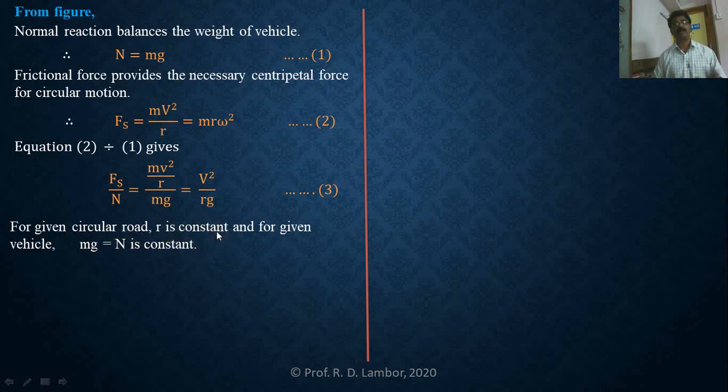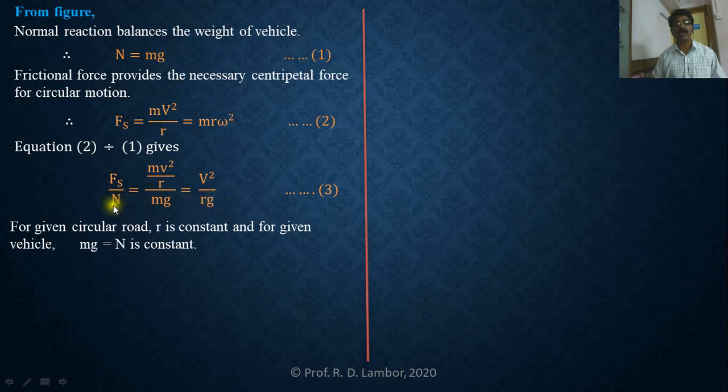And for a given vehicle, if the vehicle is the same, then its weight will be constant, meaning normal reaction is constant. So in this equation, if the road is the same and the vehicle is the same, then normal reaction and radius and g also will be constant.